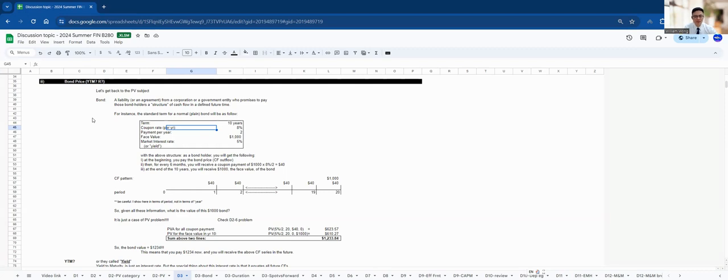The face value, which is the principal amount, let's set at $1,000, and the market interest rate is at 5%. This point is a little bit different than usual, because usually the coupon rate will be equal to the market interest rate, but this one is different because, for some reason, when they issued the bond, they issued it at a higher percentage, higher than the market.